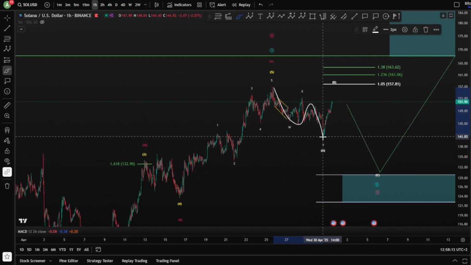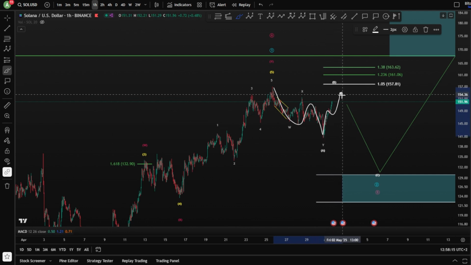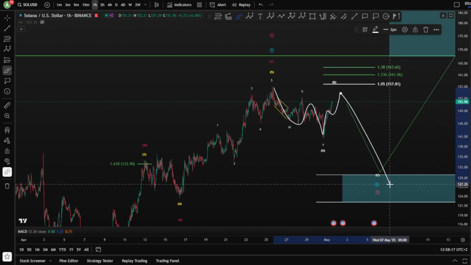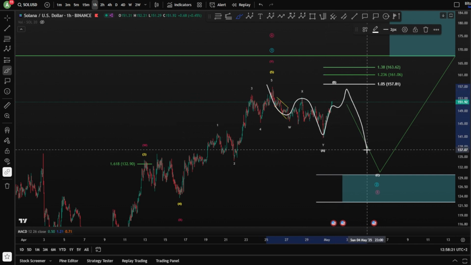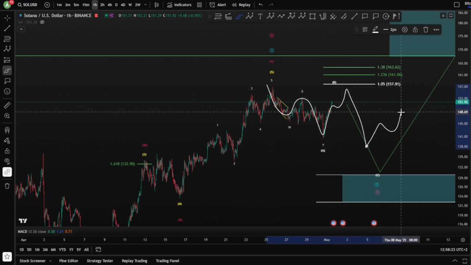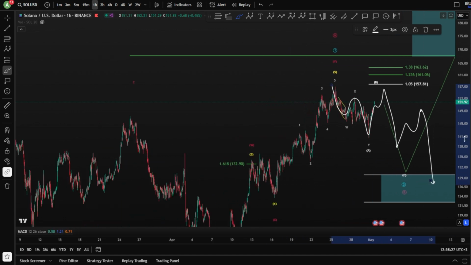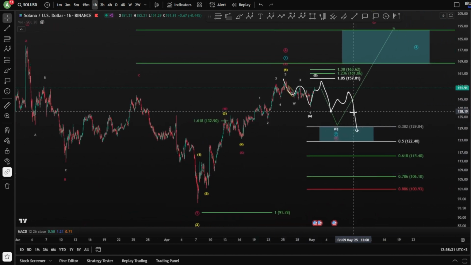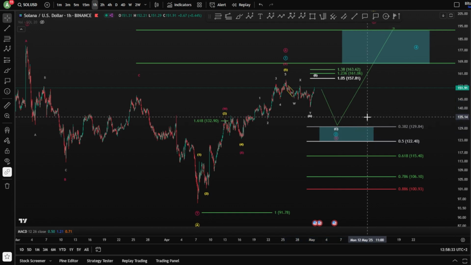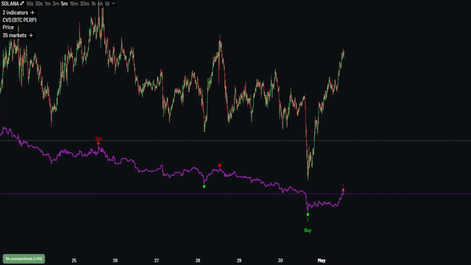Another scenario is simply a regular flat, hitting three waves here and then moving again, not really that much, by the way. It can be just to take the low, and then that means even higher again, and then again lower. So it might take a lot of time for this correction to unfold, guys, for Solana.